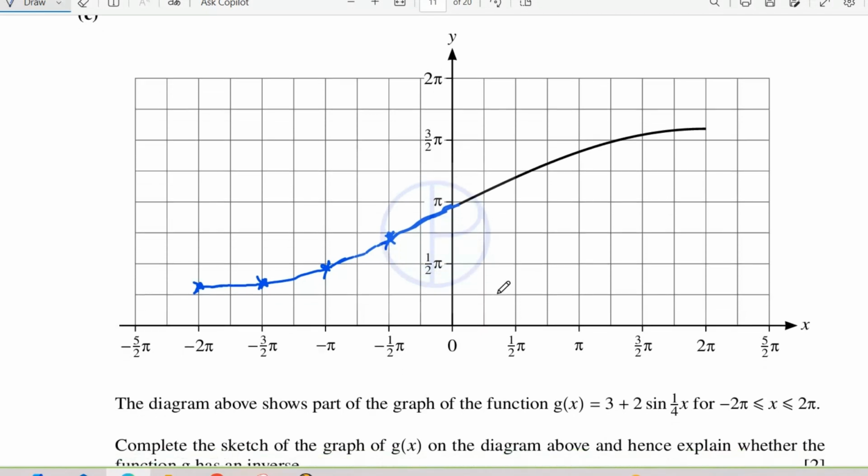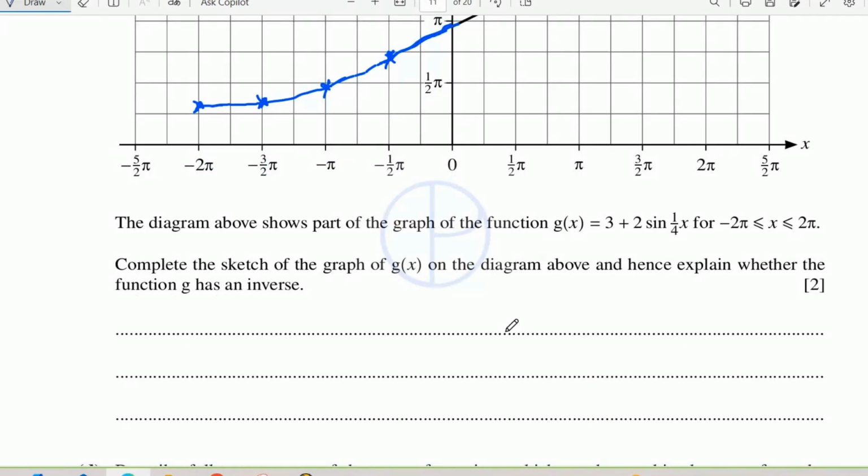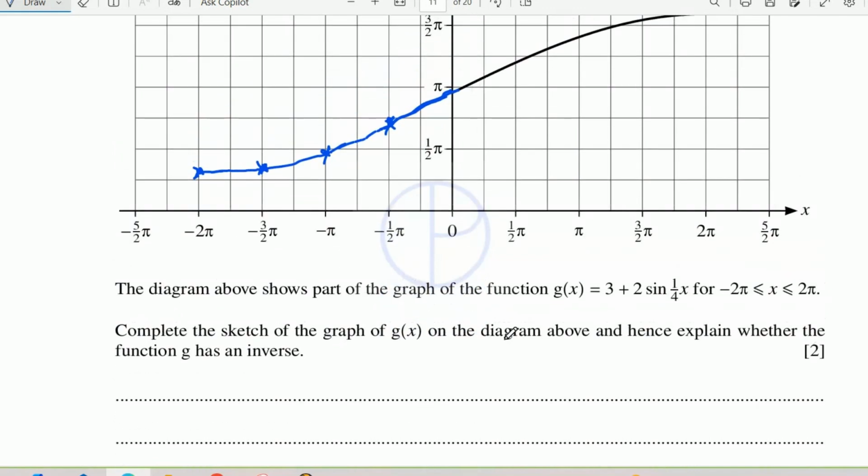So hence explain whether the function g has an inverse. Yes, it has an inverse because it is a one-to-one function. How do we know that it is a one-to-one function? If you draw a line here for some value of x or here, it has to cut the curve at only one point. It should not cut more than one point.